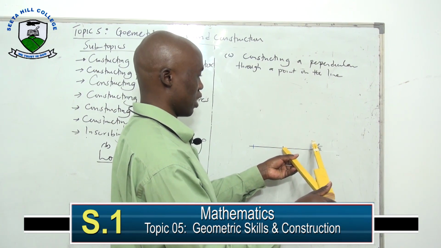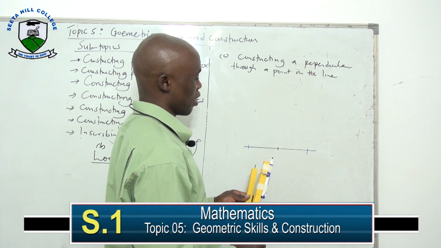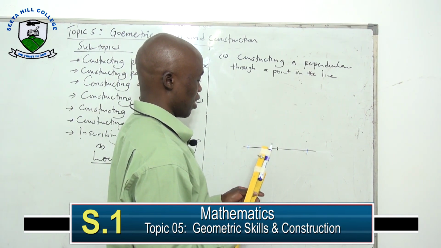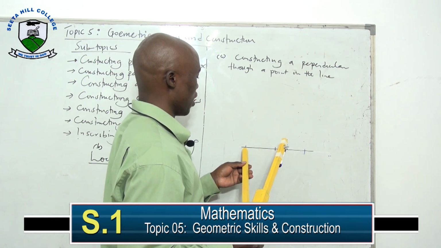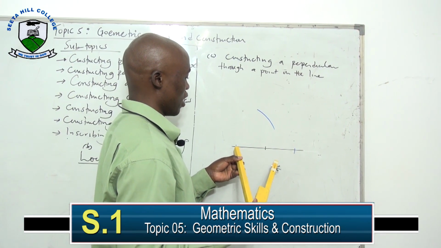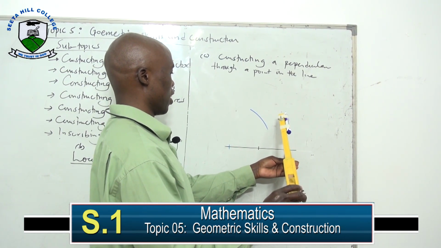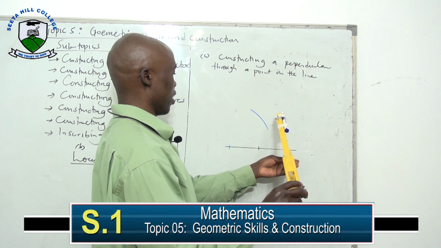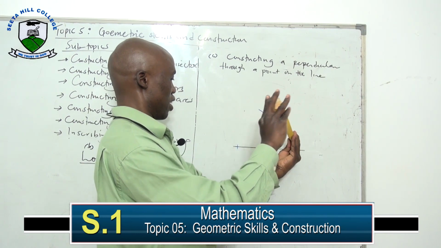Then you put the needle here, and you draw an arc and an arc, and the same on this side, and we draw an arc and an arc.